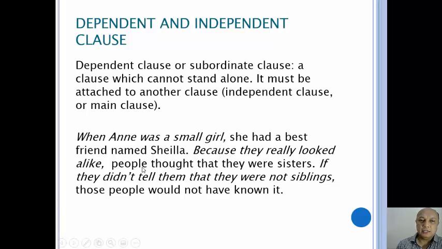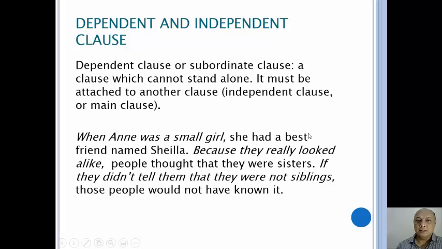Don't forget to put a comma after the dependent clause. Because they really looked alike, people thought that they were sisters. Again, this is the dependent clause, because they really looked alike. Then you have a comma to separate it from the independent clause. If they didn't tell them that they were not siblings, those people would not have known it. Again, this is the dependent clause. It must be attached to the independent clause, or the main clause, here.